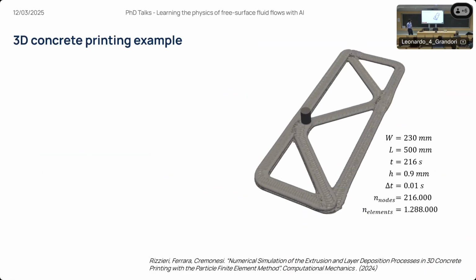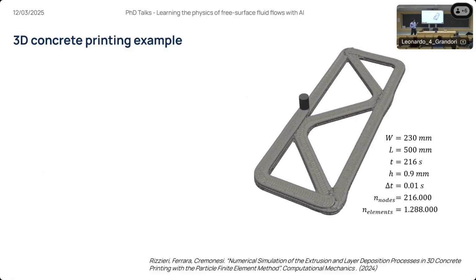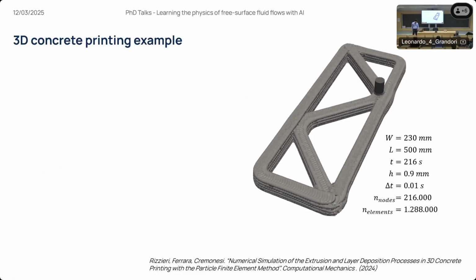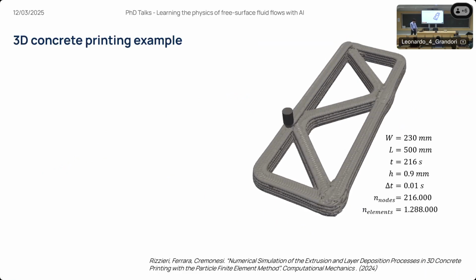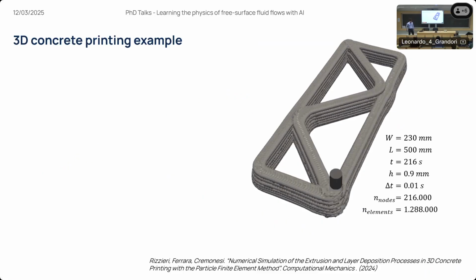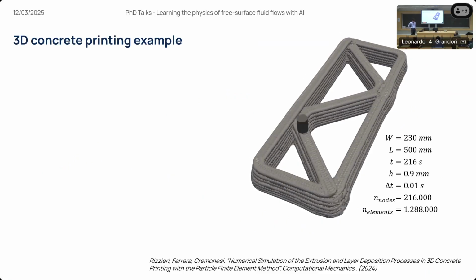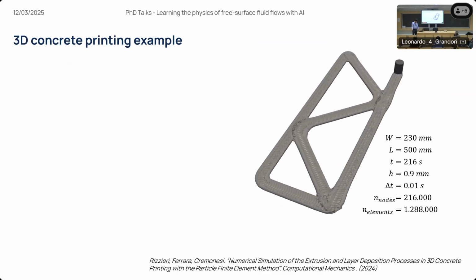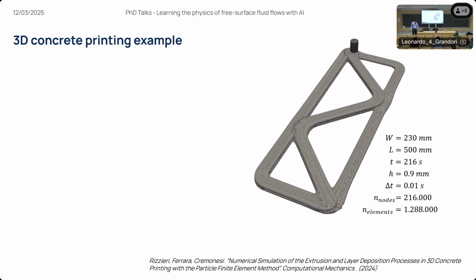The particle finite element method has proved to be effective to simulate also real industrial scenarios. For example, this is a numerical simulation of 3D concrete printing, an example from our colleague Giacomo Rizzieri, who focused on this topic.